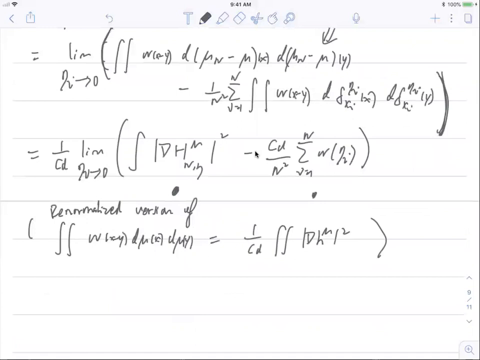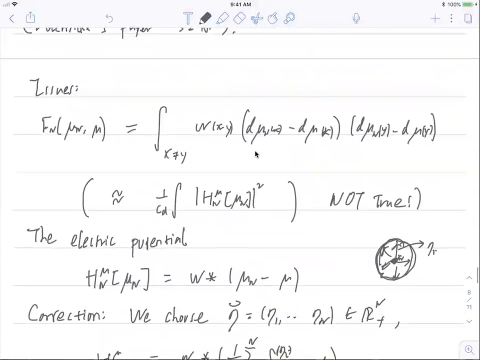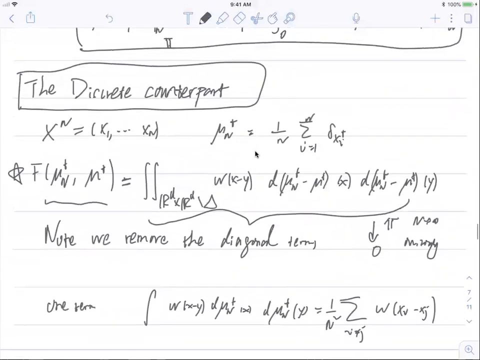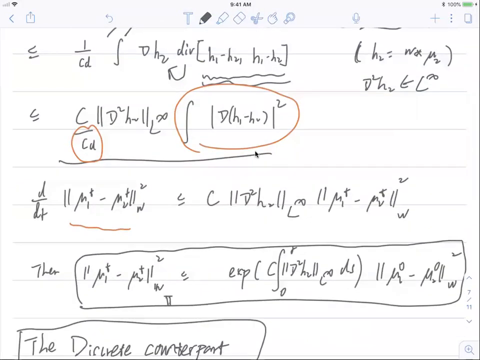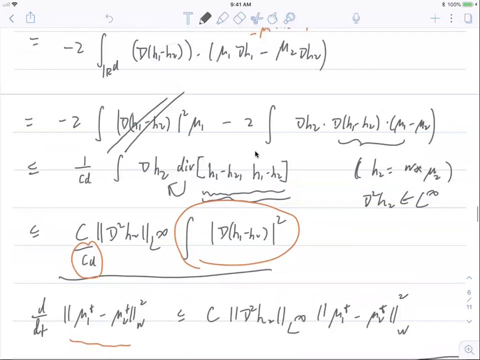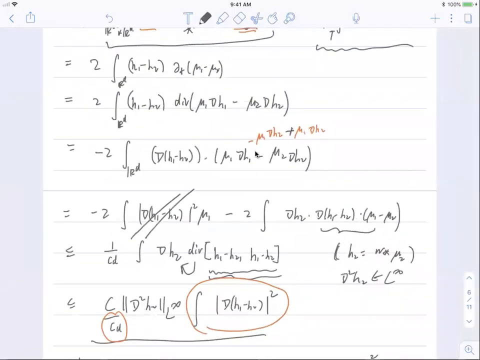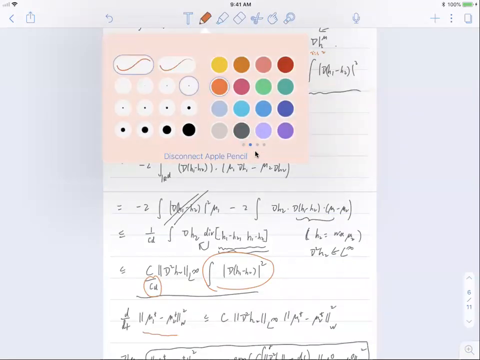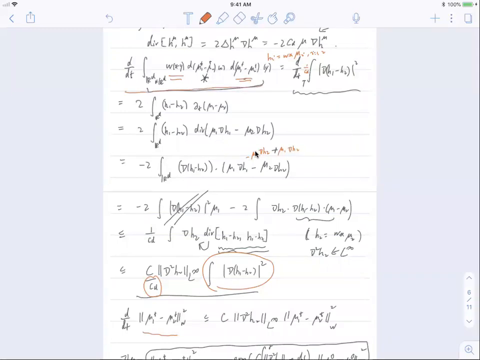If we look at the previous computation I showed you, this is the time derivative of the Coulomb norm, and this is the last term. Let's just look at this one.